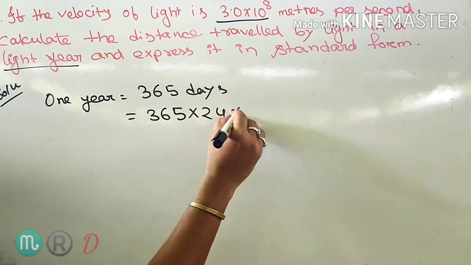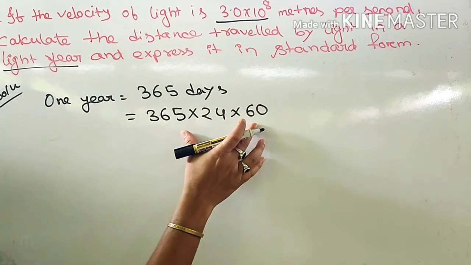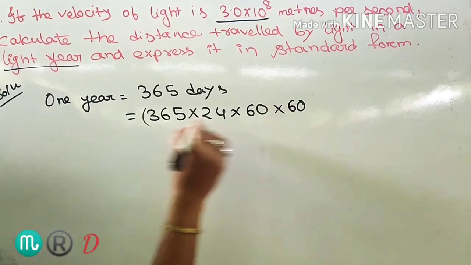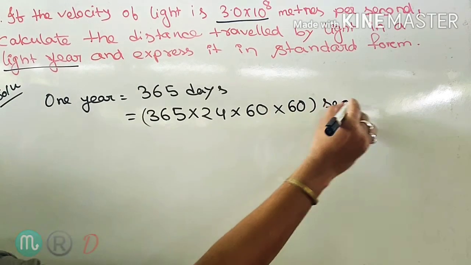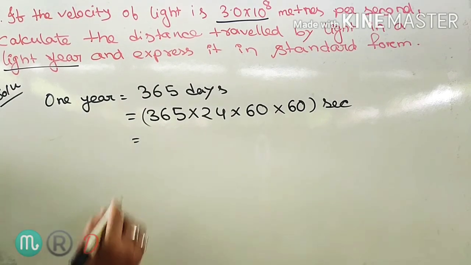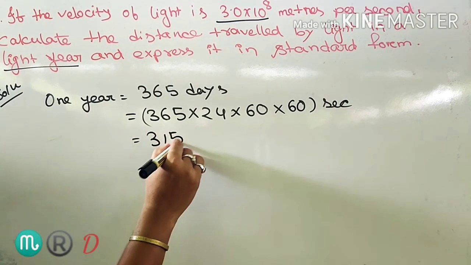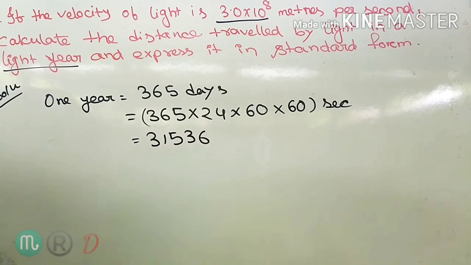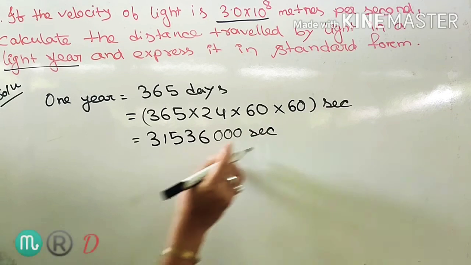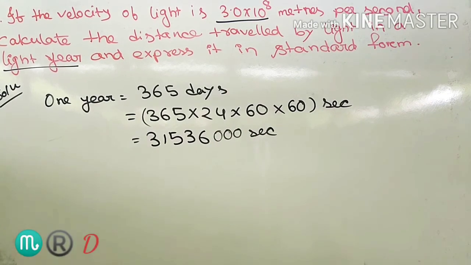If you multiply by 60, it becomes minutes. Again if you multiply by 60, it becomes seconds. So on calculating, you will get the value 31536000 seconds. So this is the total seconds in 1 year.